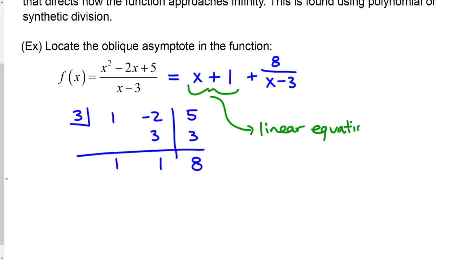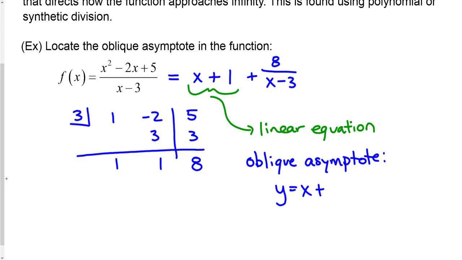And that's what we're looking for. We're looking for that linear equation right there, because that is the equation of our oblique asymptote. So in this case, the oblique asymptote is going to look like y equals x plus 1.